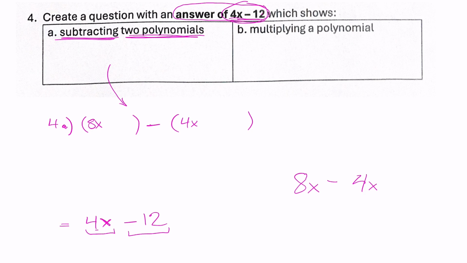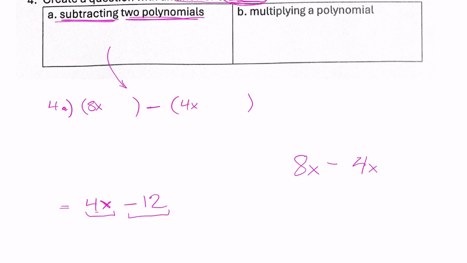You can think of this as maybe 12 minus 24. That works out. Or you could even do negative 24 plus 12, that would work as well. Same thing, right?